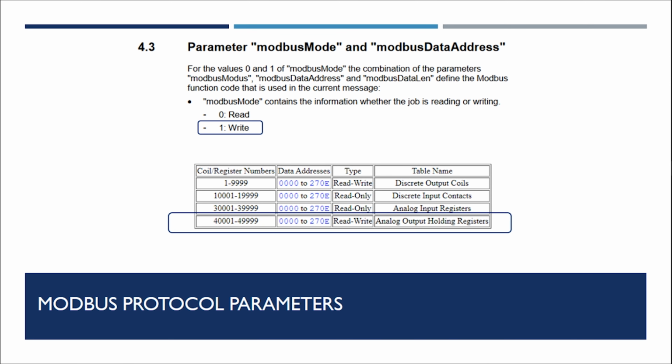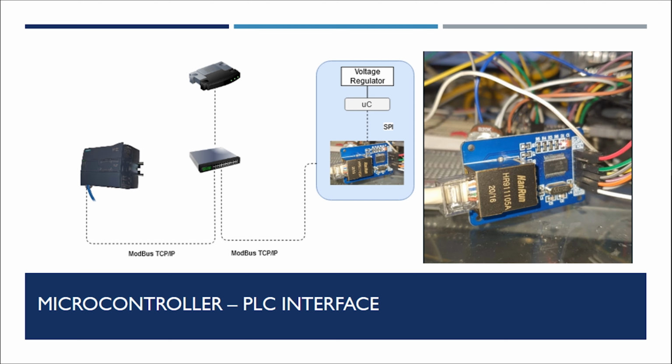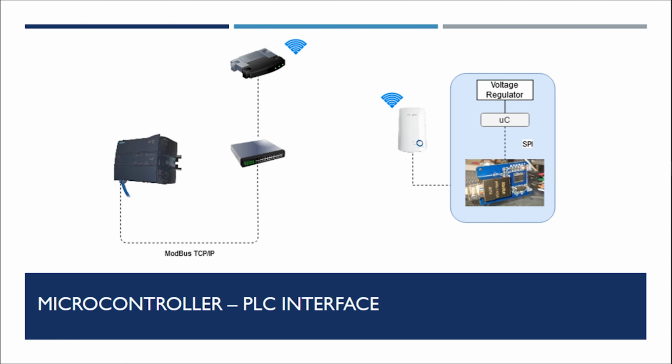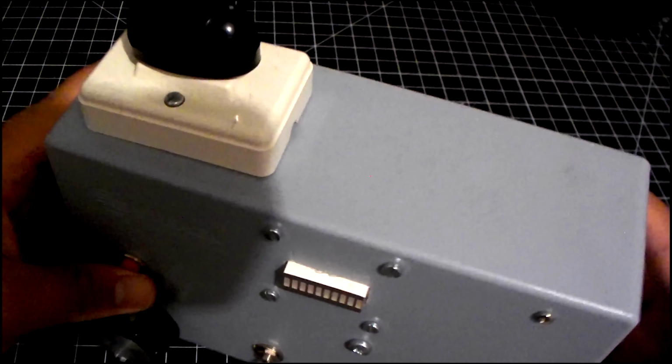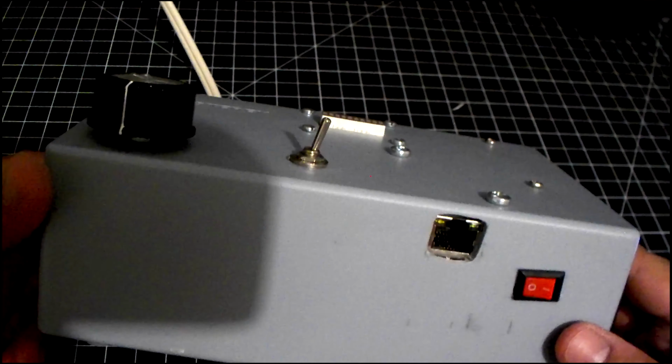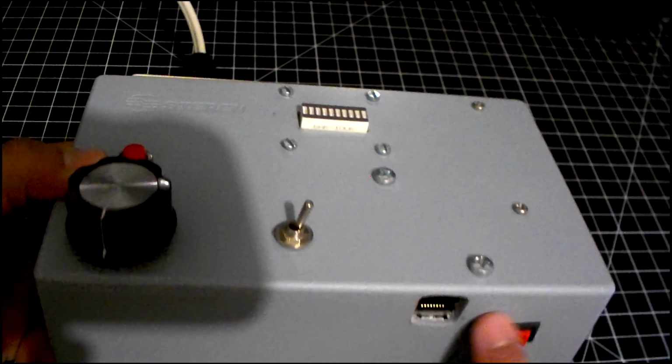As we've seen in the last video, we can use a wired Ethernet interface, or we can also use a Wi-Fi remote connection to control this kind of devices. In this case, I'll show a demonstration of a wired connection. I'll show a quick mock-up box to test the previous concept I've explained.